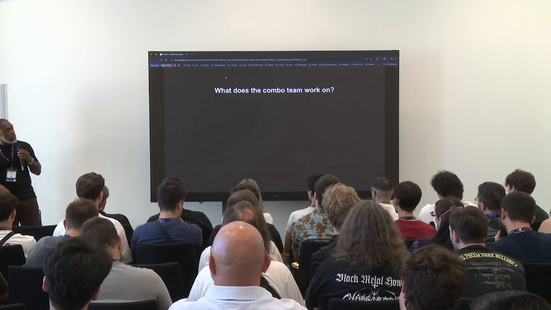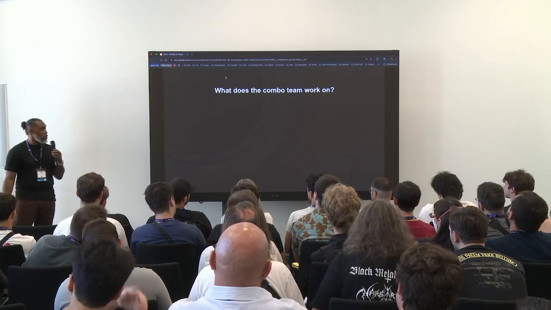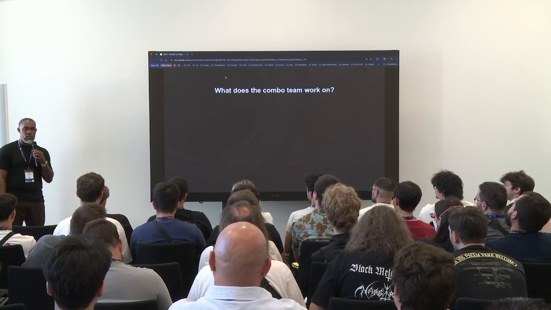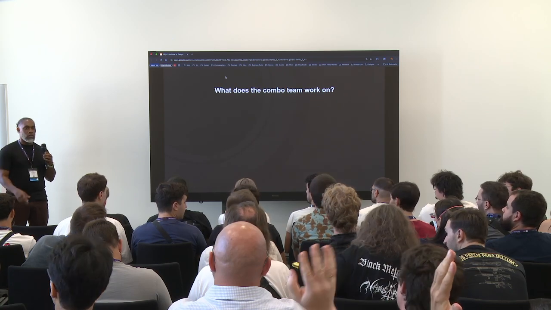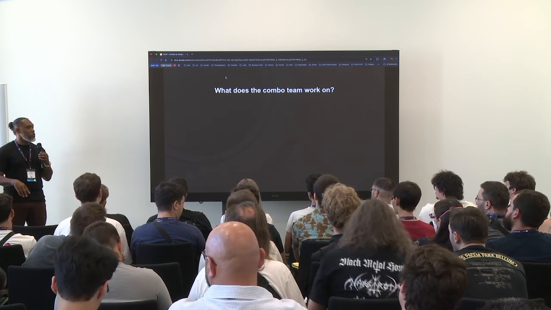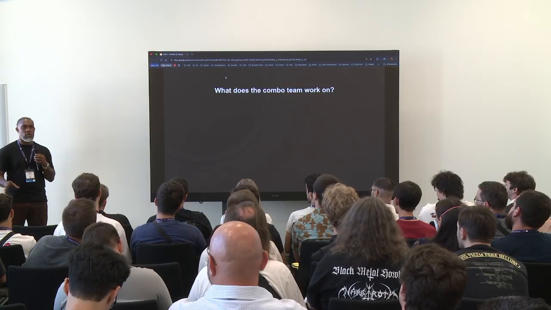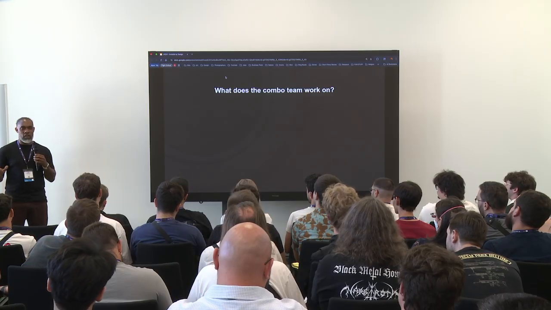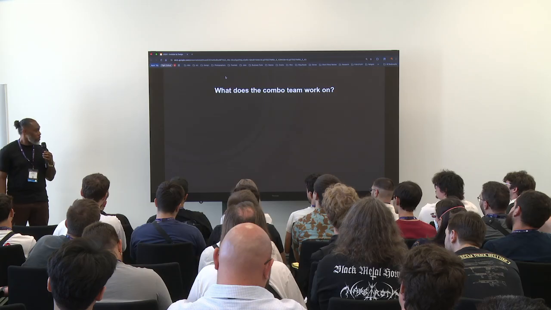All right, so what does this combo team work on if there is a team? Are there any UI artists? All right. So maybe you all are familiar with not having two of these disciplines. It's just one person doing all of the stuff, sweating day and night, trying to get two jobs done with one person.